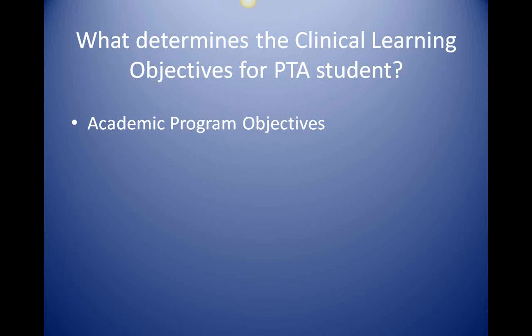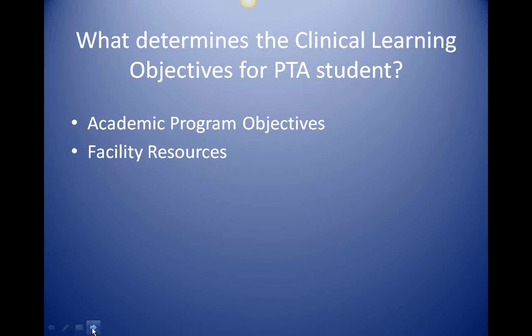So there are academic program objectives that we will provide to the clinical site, so they will know what our expectations are of what that student needs to achieve. The other thing that sometimes can affect the objectives for a PTA student is what the facility resources are, what they actually have available.